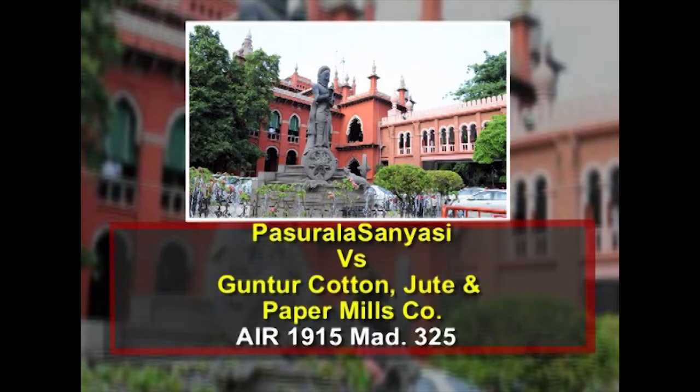In Pasurala Sannyasi versus Guntur Cotton, Jute and Paper Mills Company, AIR 1915, Madras 325, it was held that where the articles so provided, an allotment made by secretaries and treasurers was regular.